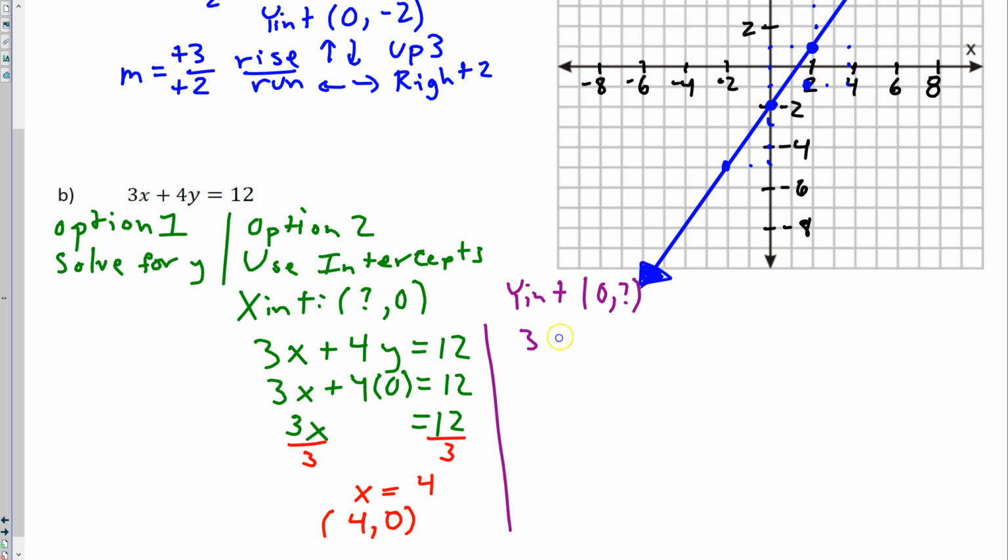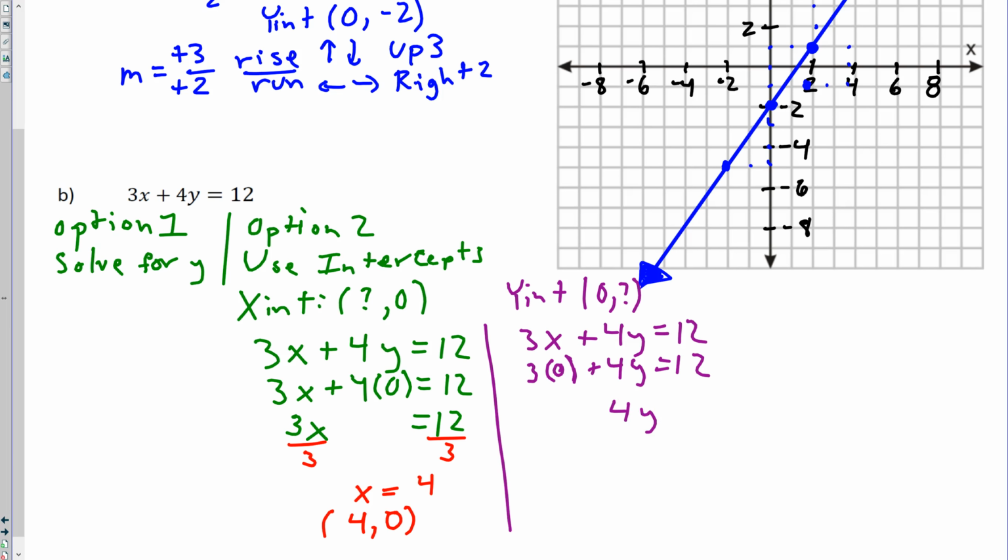So we're still going to start with the same equation, but this time x gets to take on the value of 0. And very, very similar to what we saw in the last one, because x is 0, it's almost as if that 3x term goes away. 3 times 0 is 0.